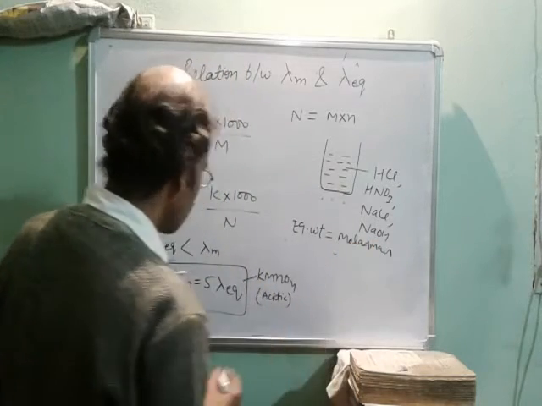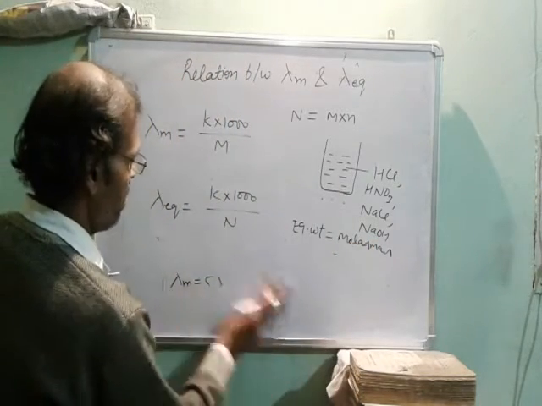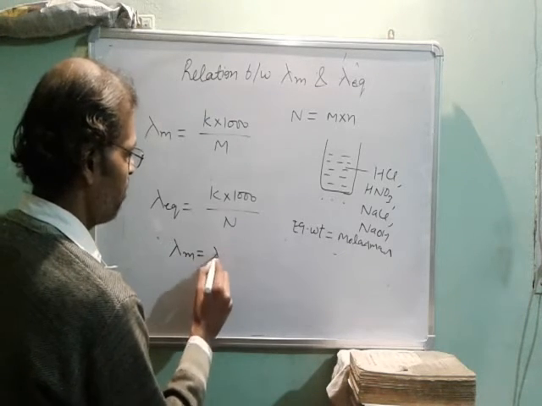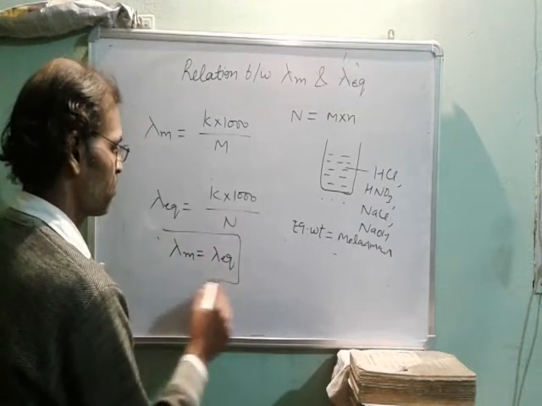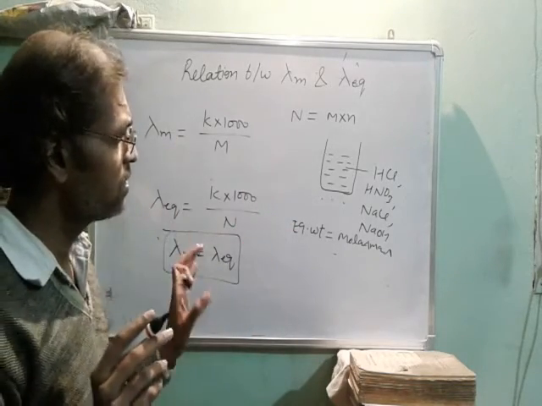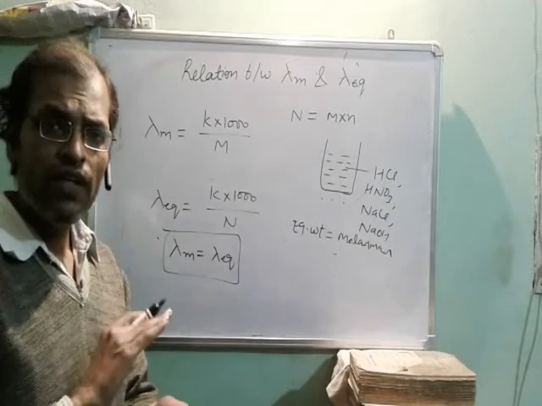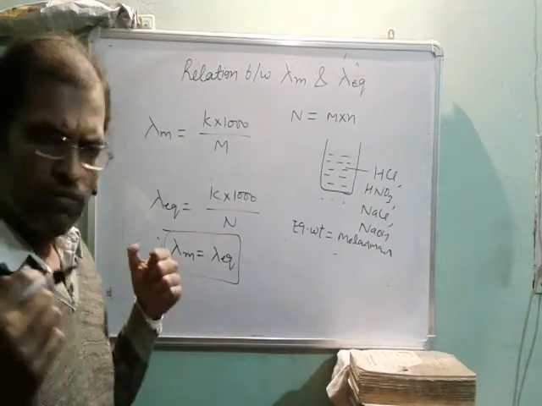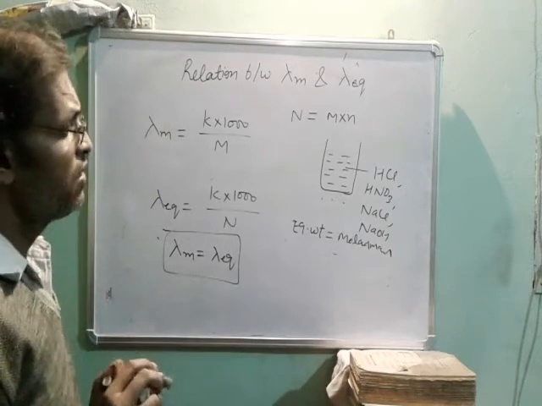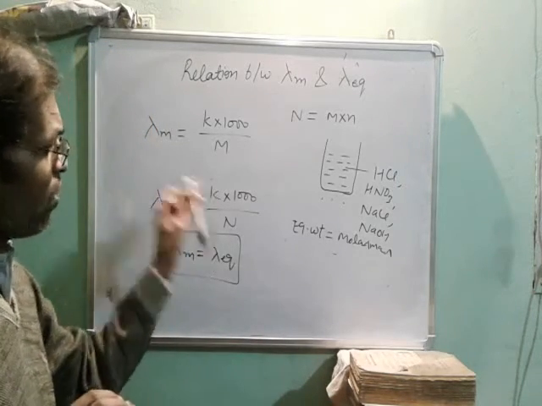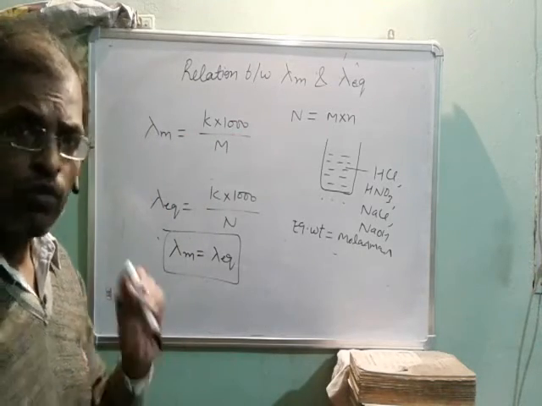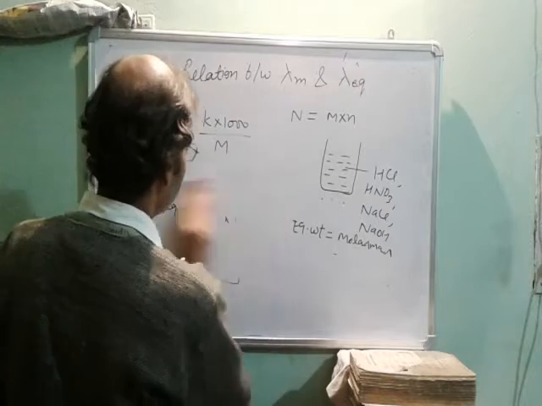So, for such solutions, lambda m will be equal to lambda eq. It is very important to understand, and using all these things you can solve the numericals in confident manner. One more aspect is there. This is one of the methods to relate lambda m and lambda eq. One more method is there. Just pay attention.